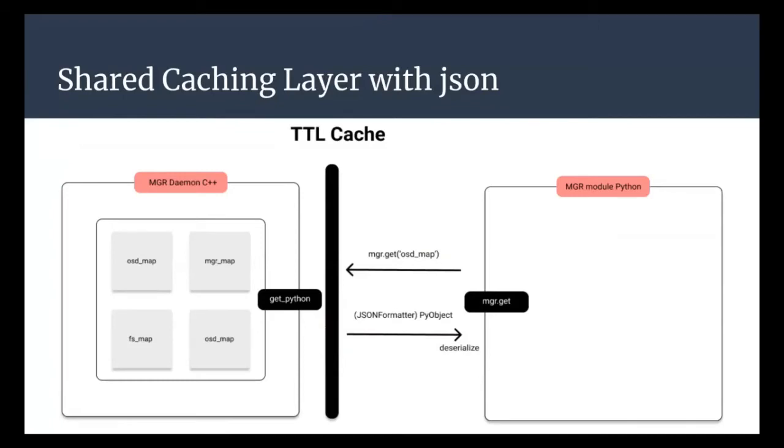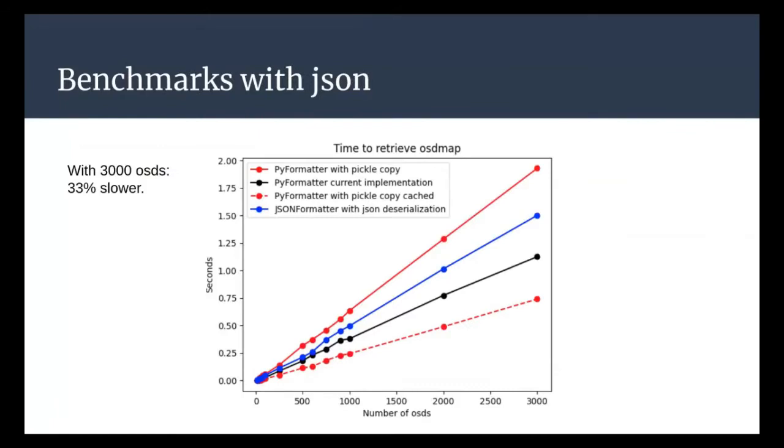So whenever you get an OSD map, in this case with the JSON formatter, we serialize it with the formatter, and then we deserialize in the Python module. So we tried again the same benchmarks, and with the JSON formatter deserialization without caching, we got a result of 33% slower time than the default implementation.